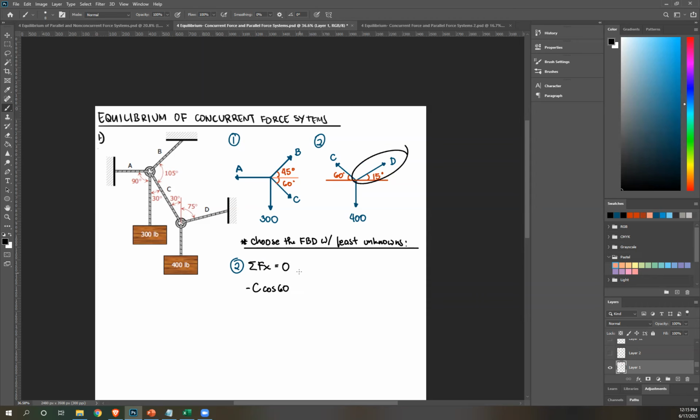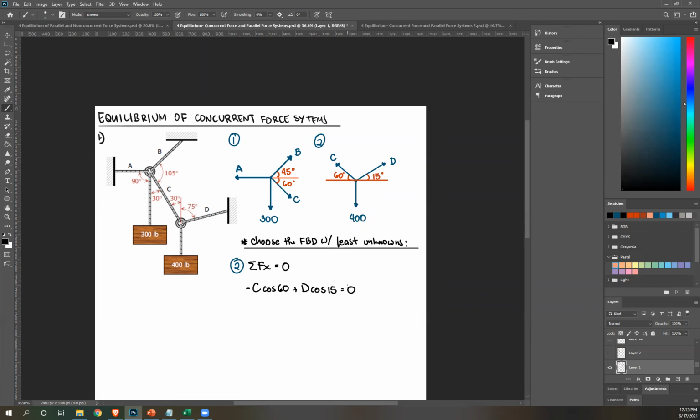Next, D is to the right, so plus D cosine 15. There are no other horizontal forces. This is purely vertical, so just equate that to 0.